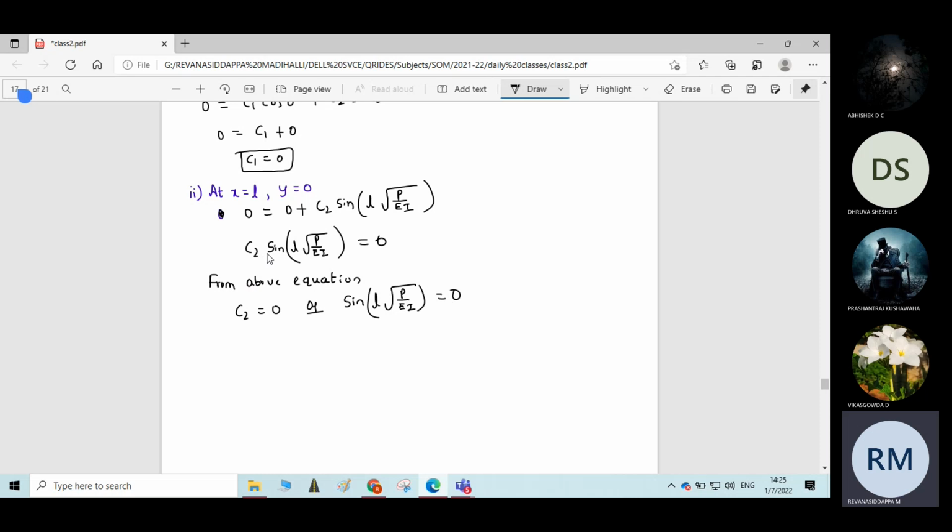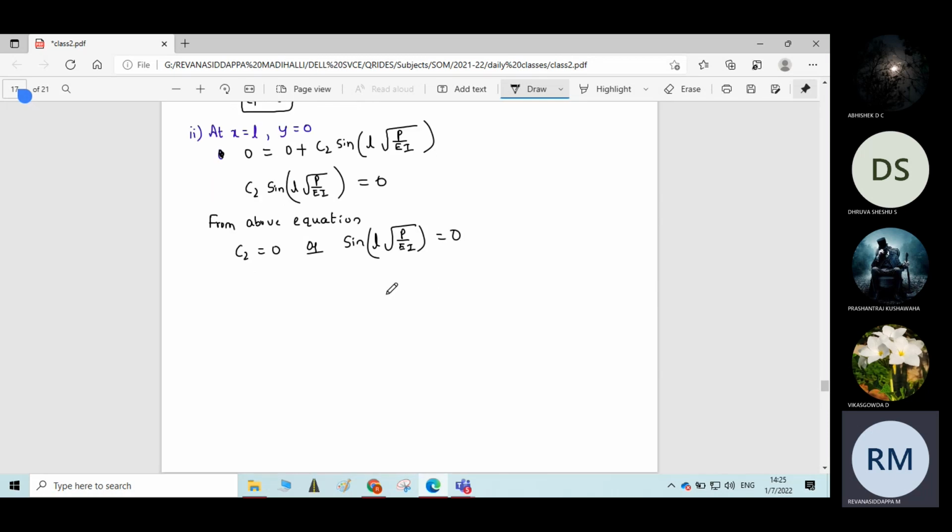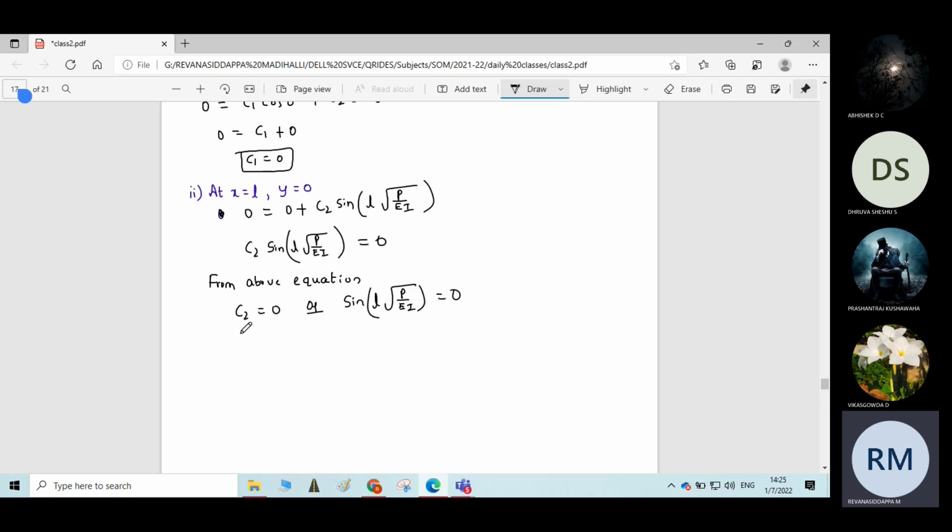As the product of C2 and sine L root P by EI equals 0, either the value of C2 must be 0 or sine L root P by EI equals 0. But the value of C2 cannot be equal to 0.